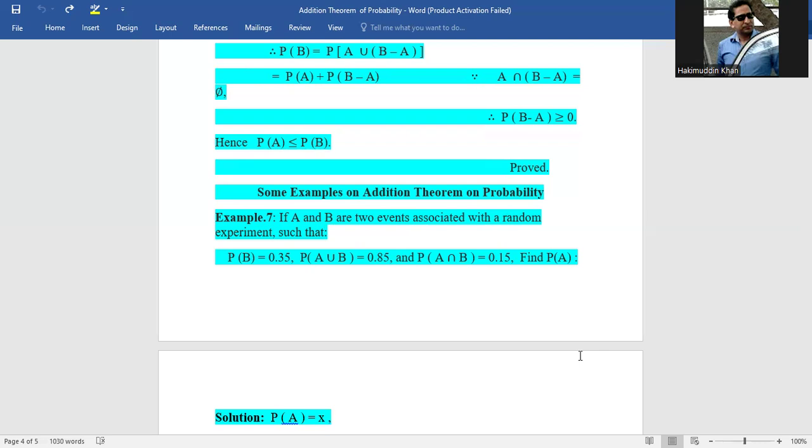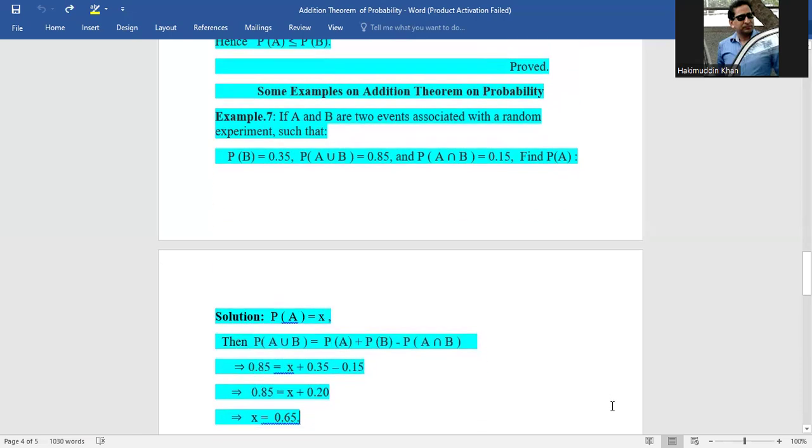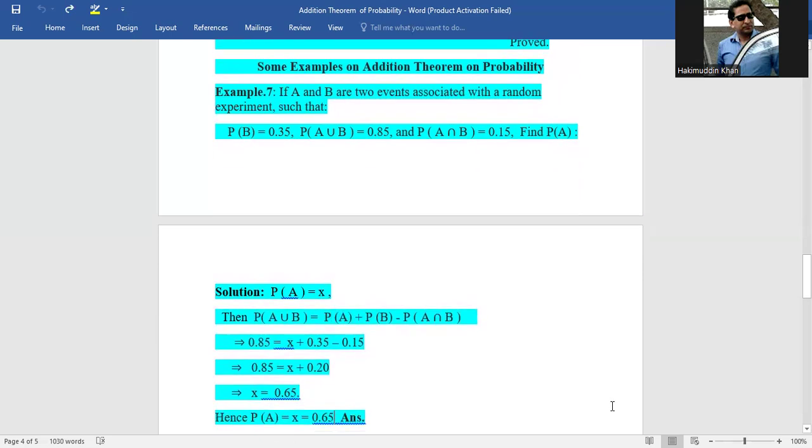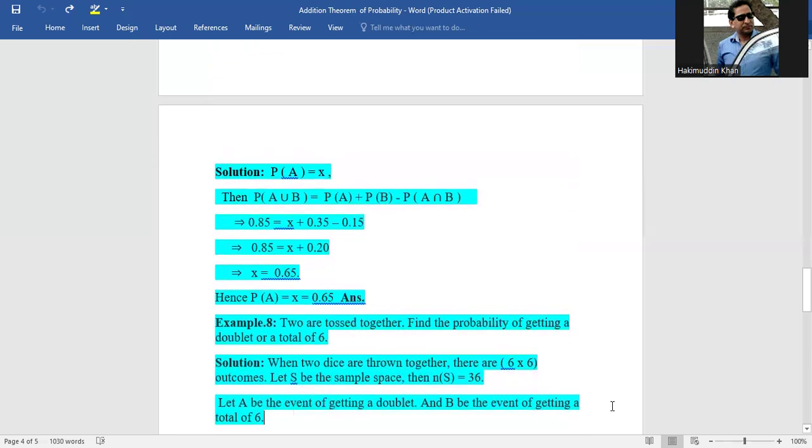The question is: if A and B are two events associated with a random experiment such that PB is equal to 0.35, P of A union B is equal to 0.85, and P of A intersection B is equal to 0.15, find P of A. So we have to use simple mathematics here because all values are given to us and we have to calculate only the unknown value. In the solution, we assume that P of A is equal to X.